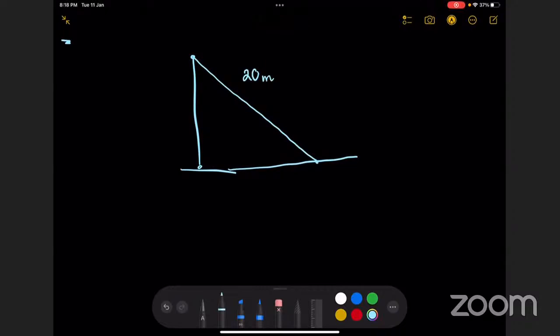And find the height of the pole if the angle made by the rope with the ground level is 30 degrees. So from the rope to the ground, this angle here is 30 degrees. And this is the angle of observation. So we know that this is the perpendicular.